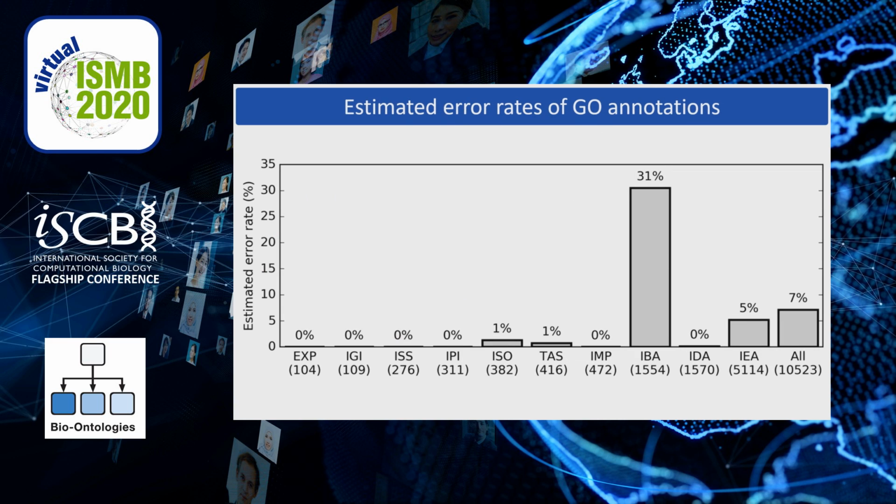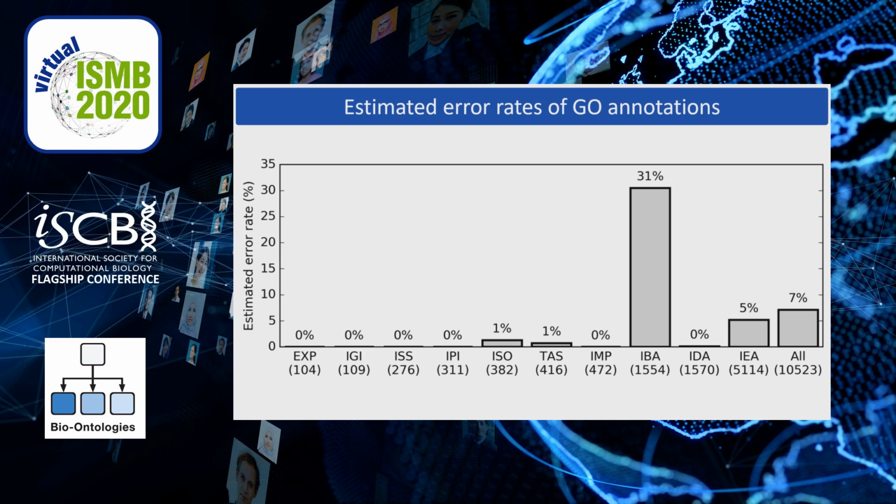Finally, we use GO annotations in 2018 that are later rejected or confirmed experimentally in 2019 to estimate the error rate of different types of GO annotations, confirming that IBA terms have the highest estimated error compared to all other types of GO annotations.